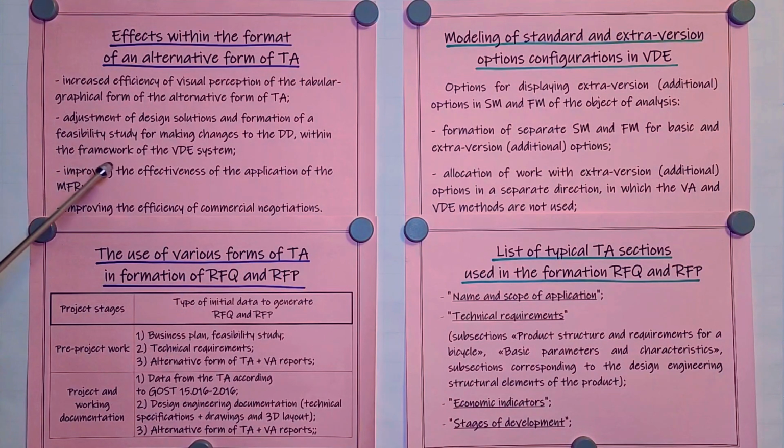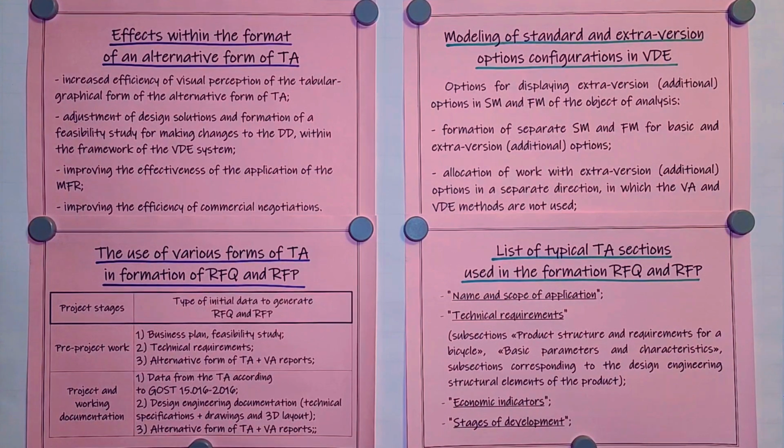The second, possibility of adjusting design engineering solutions based on the calculated values of the significance of the function carriers, the current degree of novelty of the design engineering documentation or design for all products.